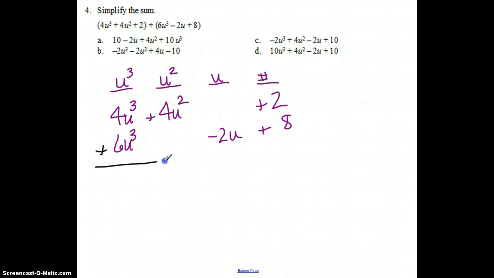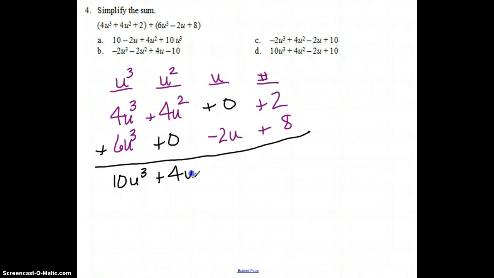Now I'm going to draw my line here, make my plus sign. I'm going to add my zeros here. And I'm going to total. So 10u cubed plus 4u squared minus 2u plus 10. So that means that on this problem, D is going to be my final answer.